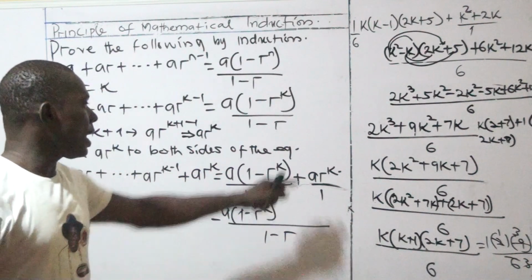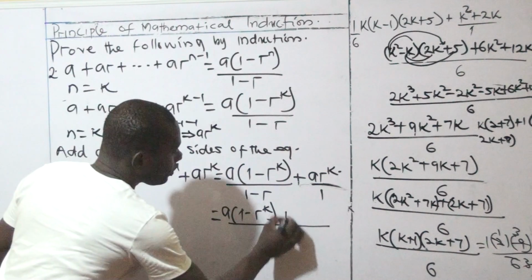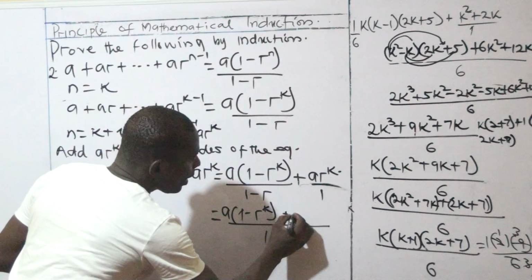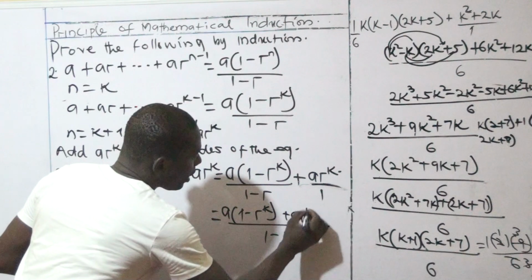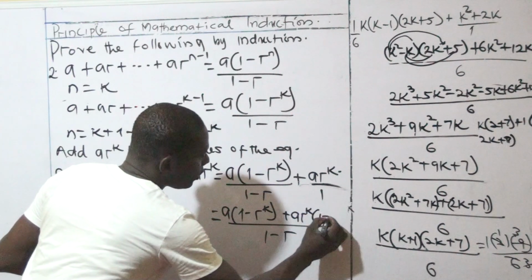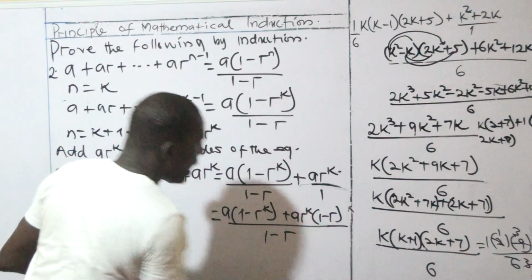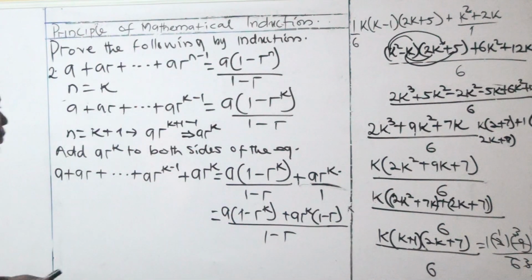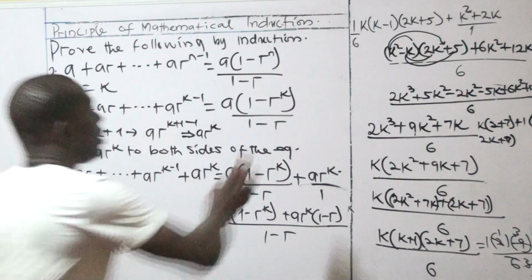Then 1 minus r times this will become plus a r^k(1 - r). So here we have to be careful so that we will not make a mistake. Okay? Quickly.